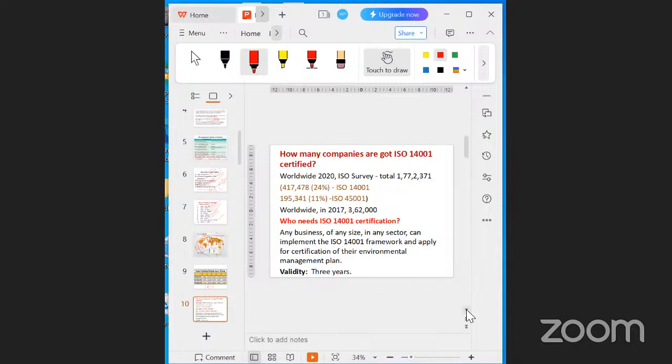And next one, sectors for each country covered by the certificates for 13 of the ISO standards, right?